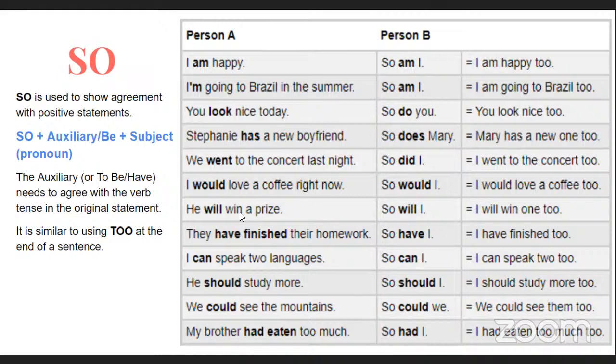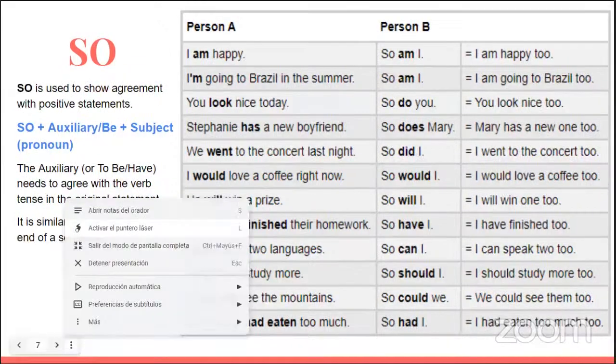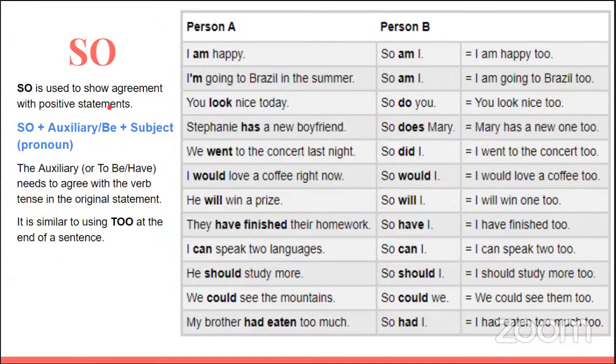Well, we are going to be using so to show agreement with positive statements. All right, agreement and positive statements. And well, the structure is the following. So it's always going to be followed by an auxiliary depending on the tense. If it's the present simple with verb to be, then verb to be.